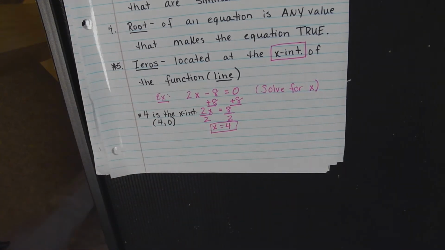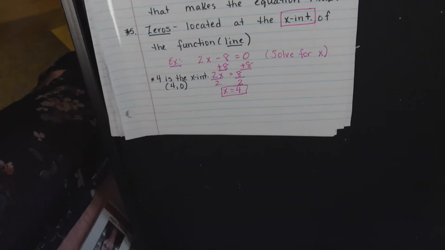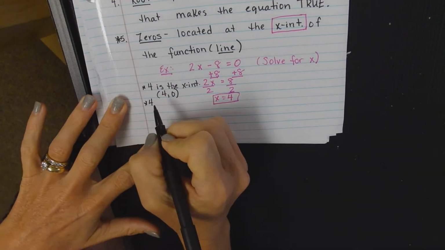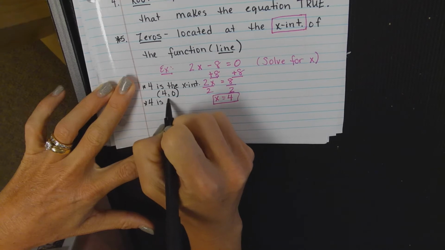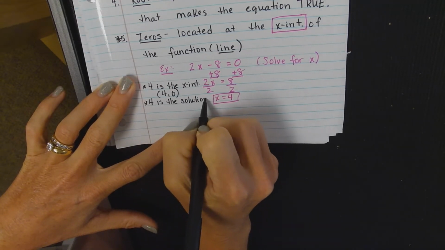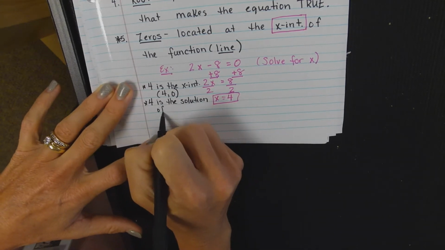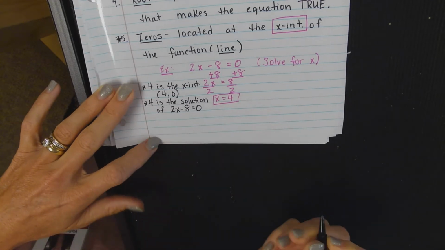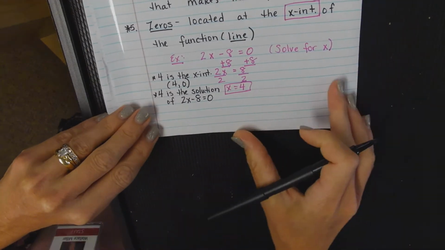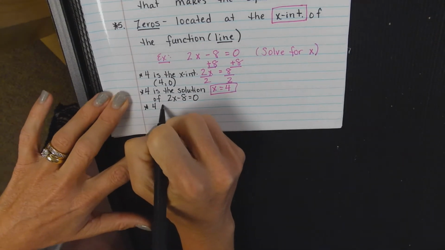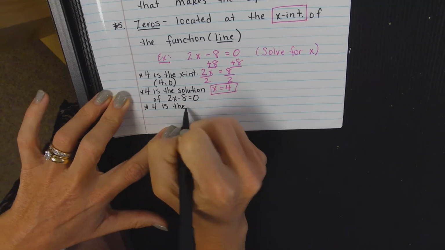You remember on the x-intercept, you let y equal 0? 4 is the solution of that equation that we just did. Four is the root.